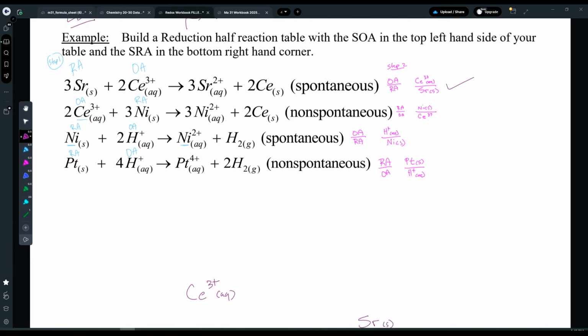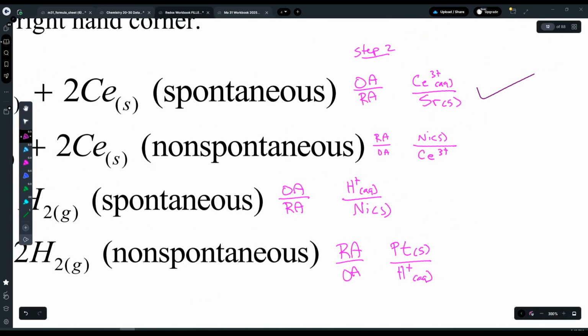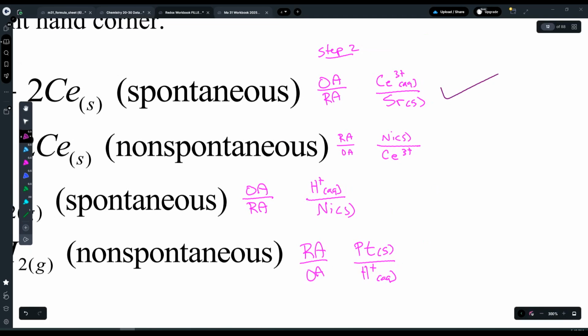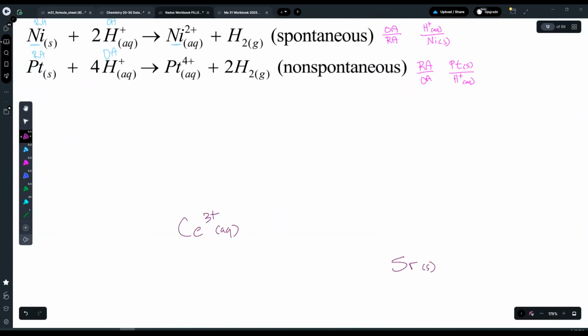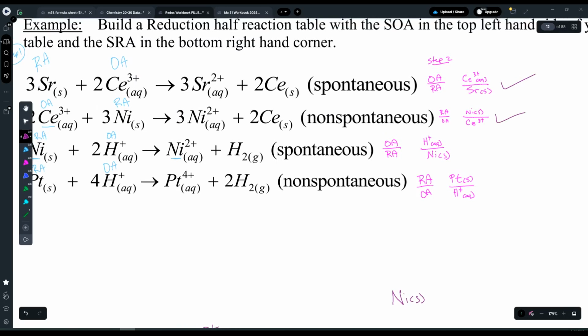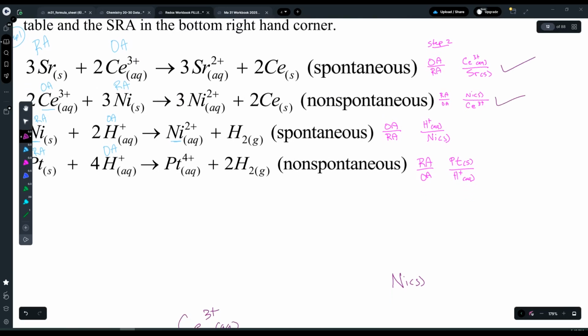Okay, so in the next one, we're showing that nickel solid is above cerium. So that means I'm just going to put nickel just above it. And since nickel solid is an RA, that's why I'm putting it on the right-hand side. So that's done. Okay, now we're saying, okay, hydrogen ions, they are above nickel.